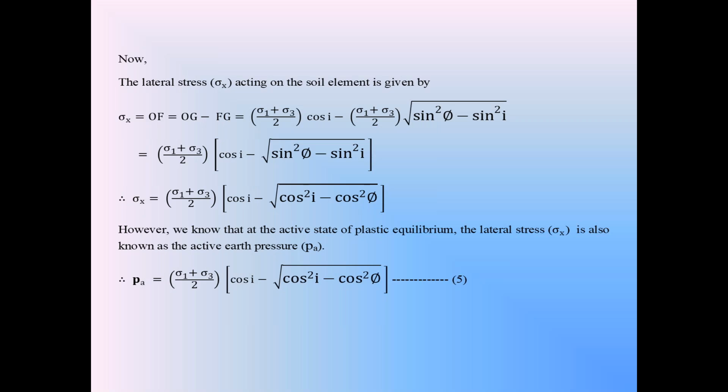So 5 by 4 gives us PA divided by sigma V. Divide equation 5 with equation 4, and you will get PA by sigma V. What is PA? The horizontal active earth pressure acting on the backfill.